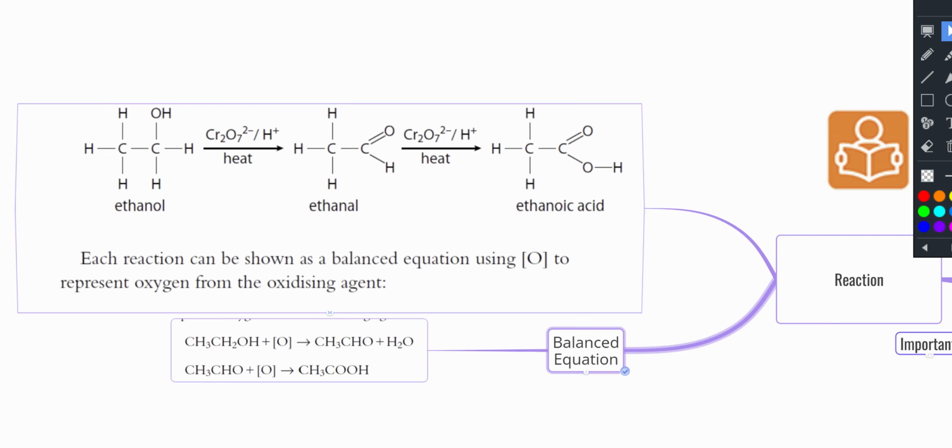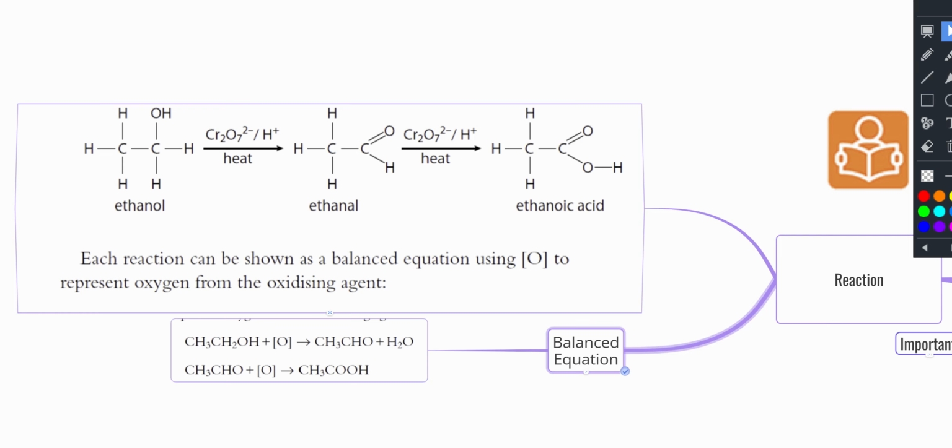And in acidic conditions, it gets reduced from orange to green. That is, the Cr6 plus ions get reduced to Cr3 plus ions, enabling oxidation of the alcohol. These H plus ions help the dichromate ions become an effective oxidizing agent.